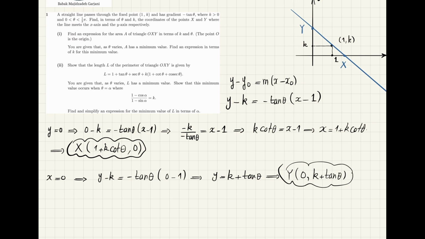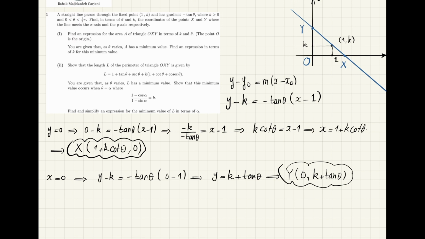So let me just write this O here on my picture. Here, in my figure, this is O, and we are supposed to find an expression for the area of this triangle OXY. It's a right angle triangle, and I want to find the area of this triangle in terms of k and theta.